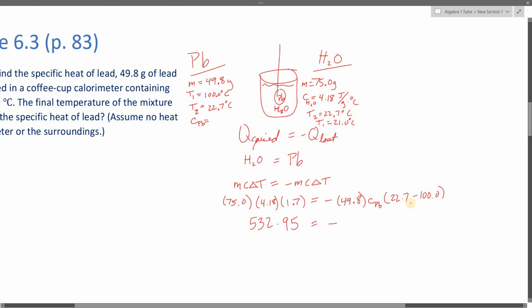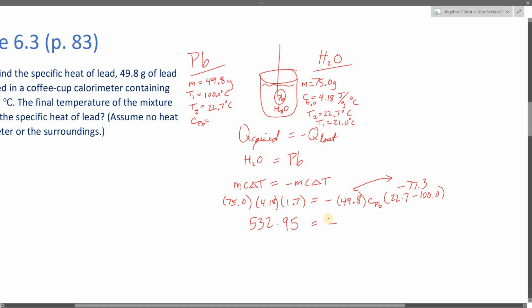Then I'm going to multiply. First of all, I'll subtract: 22.7 minus 100 gives me negative 77.3. I'll multiply these two numbers, so that'll give me negative 77.3 times 49.8.